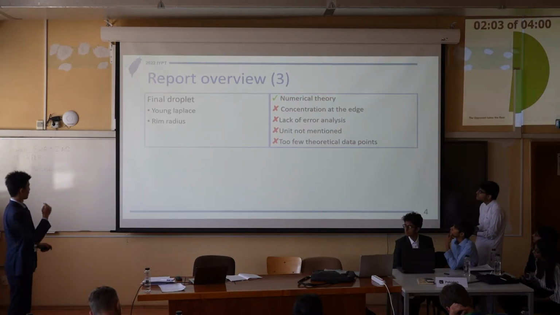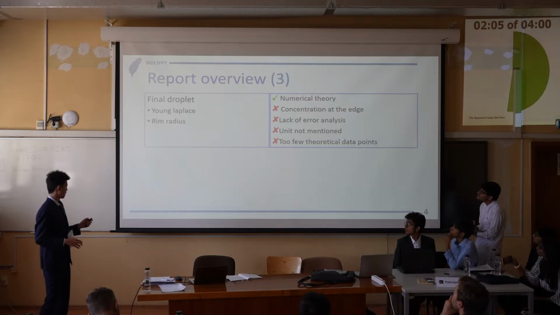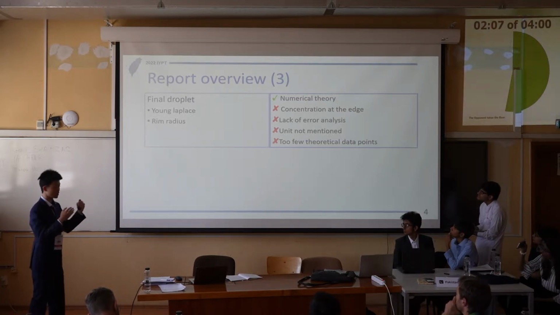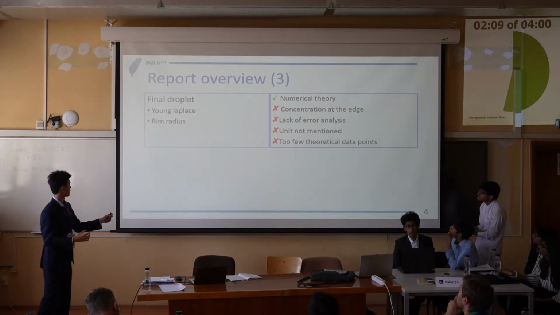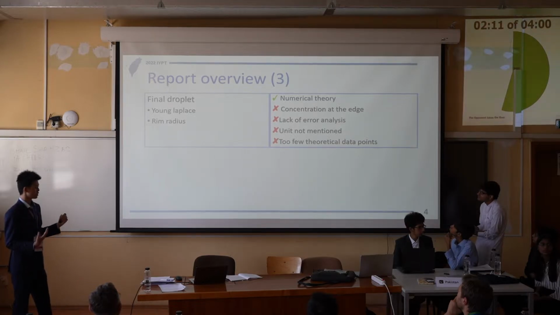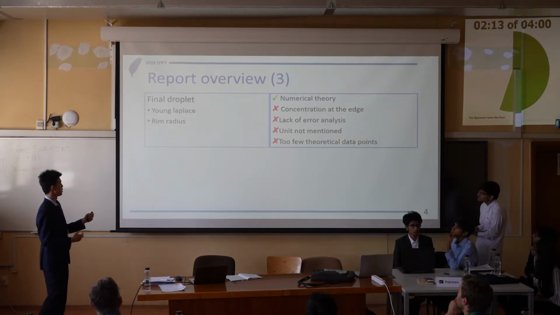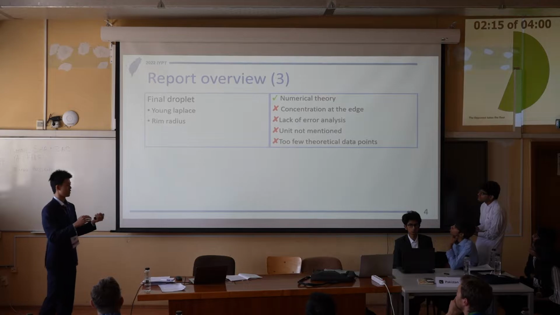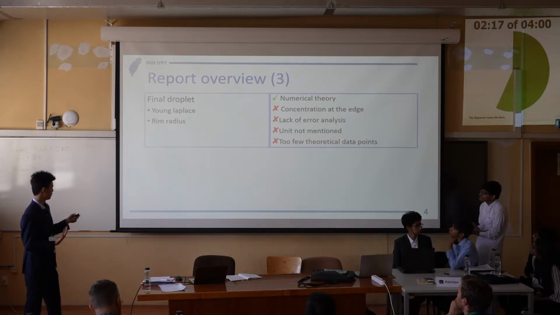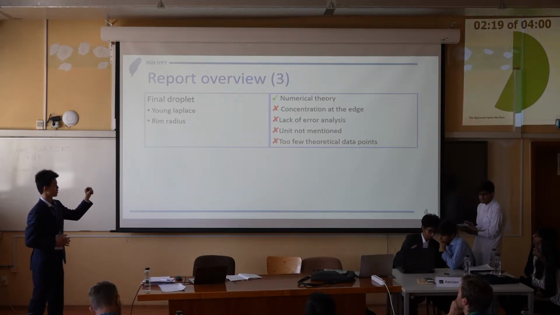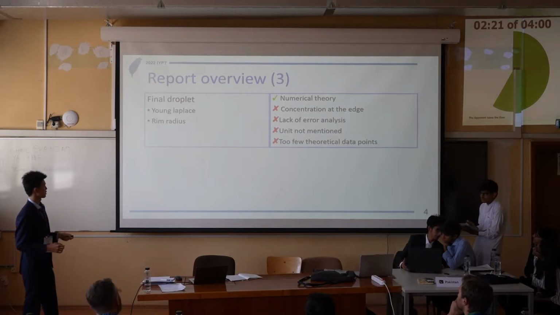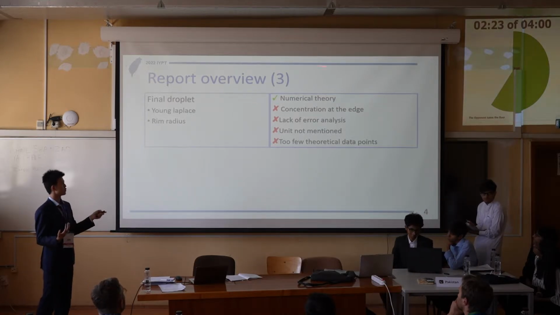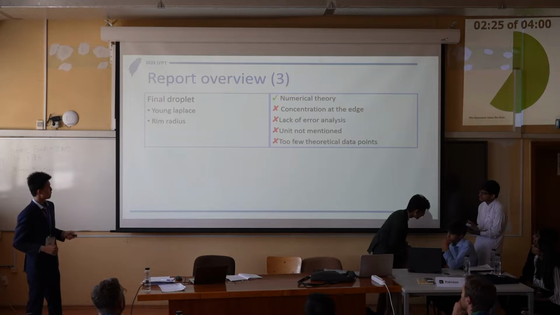And also, for the final droplet, they explain that because fluid accumulates at the rim, there's a small region, and they use the Young-Laplace equation to derive the capillary pressure at the rim. And this balances with the inner viscous drag of the oil to give them the thickness of the rim radius, and this is a numerical theory which is very good.